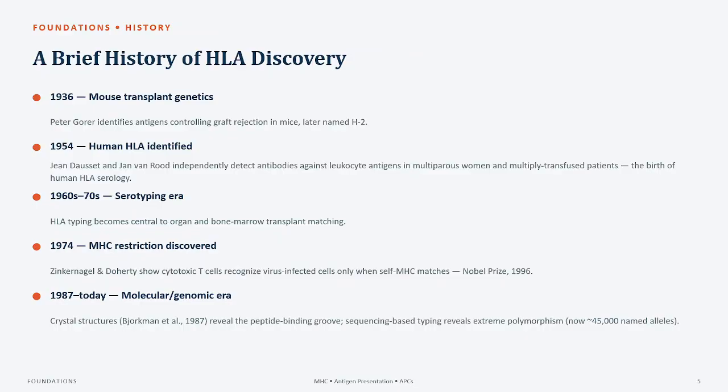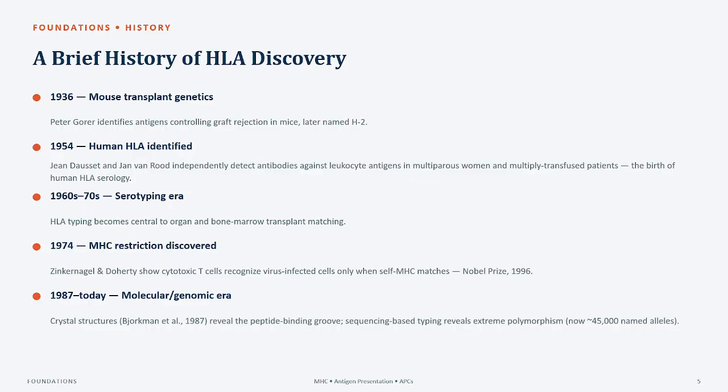A very brief history of HLA discovery. In 1936, in mouse transplant genetics, Peter Gorer identified antigens that control graft recognition in mice. Then in 1954, Jean Dausset and Jon van Rood independently detected antibodies against these leukocyte antigens in multiparous women and multiply transfused patients, which led to the birth of serology.